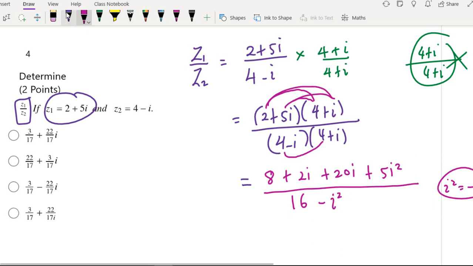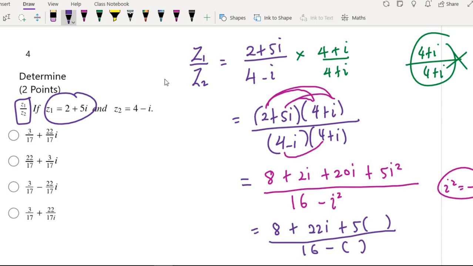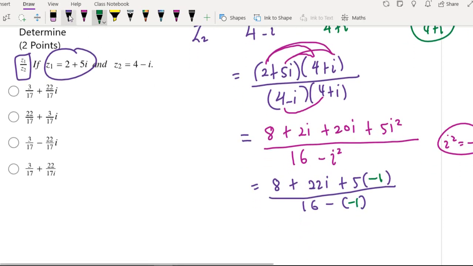Okay, simplify. 8 plus 22i plus 5i squared over 16 minus i squared. Okay, substitute. I squared is equal to negative 1. Okay, simplify. 8 minus 5, 3, plus 22i over 17.